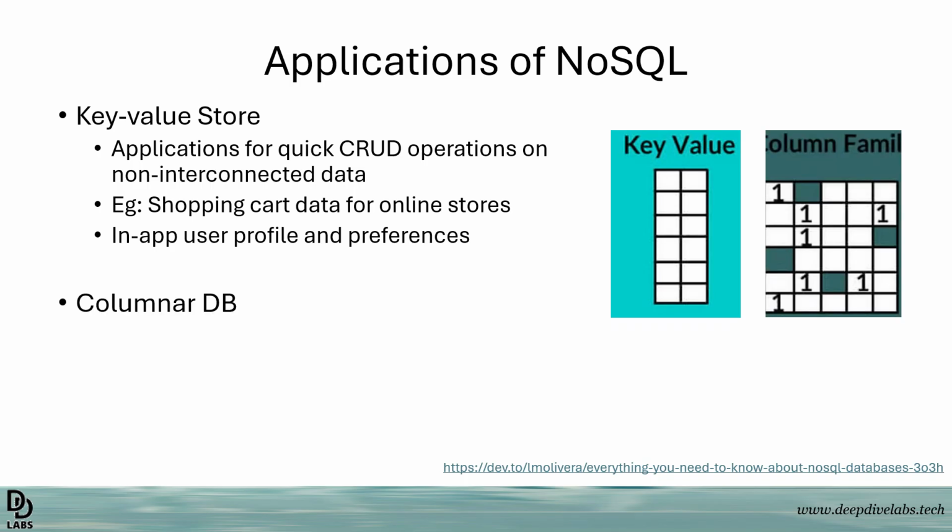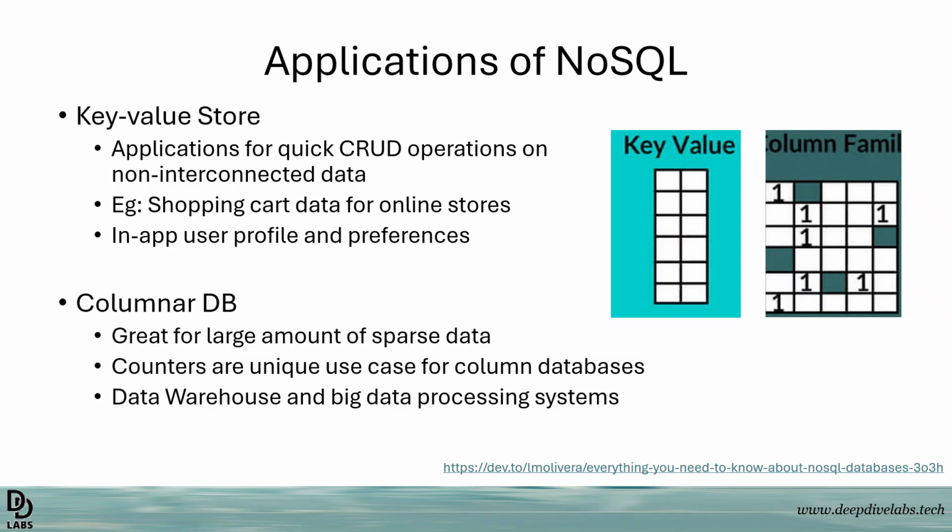Next is your columnar database, where instead of storing data as rows, these databases store data by creating column families. They are great for large amounts of sparse data, because as we saw earlier in an example, columnar stores tend to do a lot of data compression.